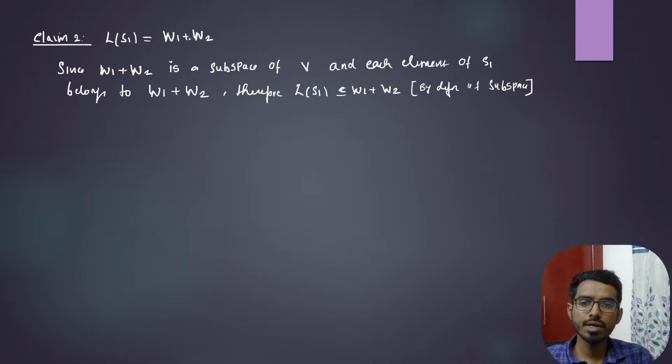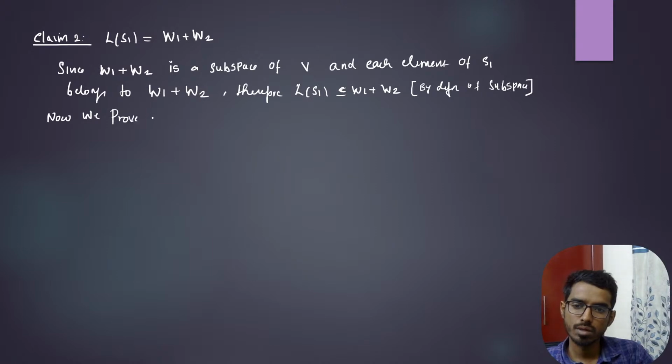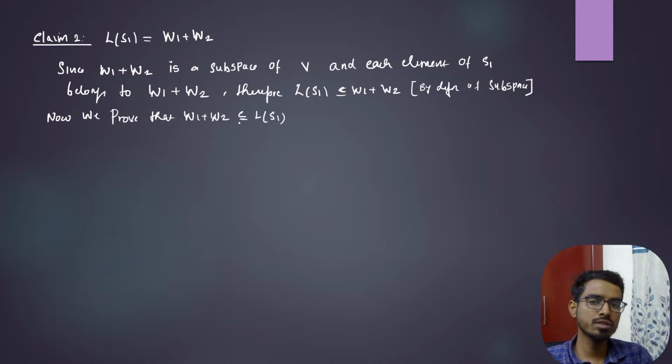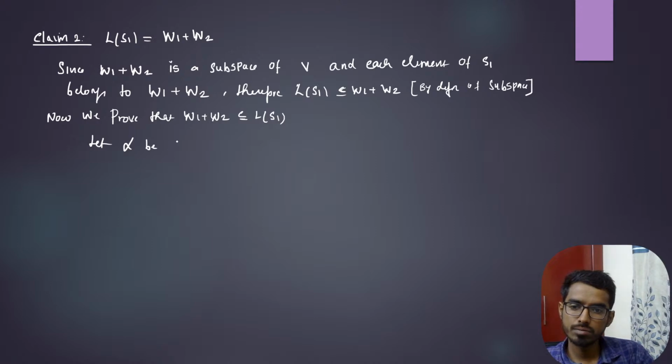Now we need to prove that W1 plus W2 is contained in L of S1. If I prove this, then this equality will be proved, right? Now let alpha be any element of W1 plus W2.